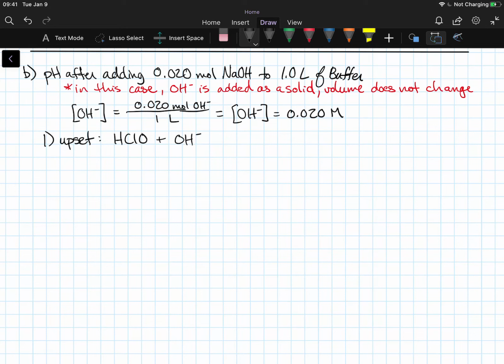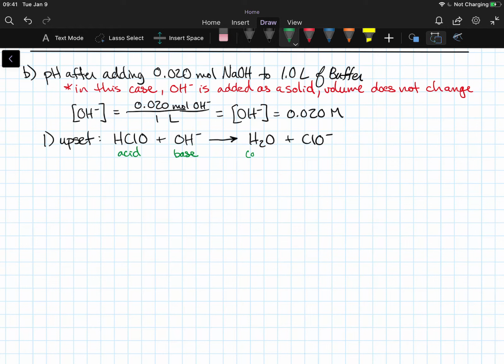And again, because hydroxide is the strongest base we can have in water, this essentially goes to completion. It doesn't form an equilibrium, it's just going to go all the way to the right. This is our acid, and this is our base, so it's going to accept a proton. The acid's going to donate a proton, so we get water and the hypochlorite anion.